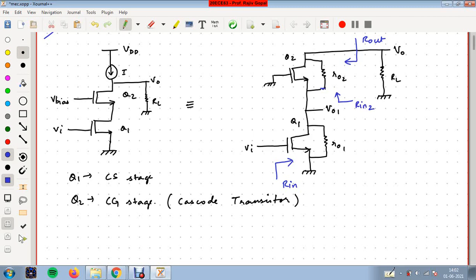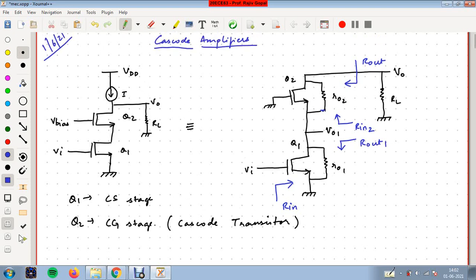And at the drain of Q1, if I look down, what impedance I see, that I will call Rout1.